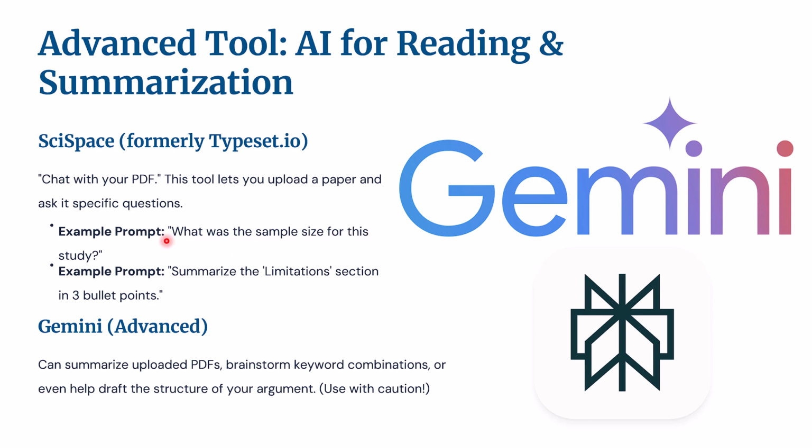You can upload your PDF and start asking questions about that research. We also have Gemini, and also Perplexity, that we can use maybe to read and summarize a paper.